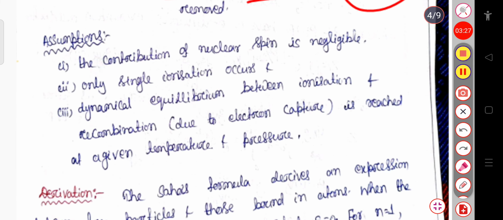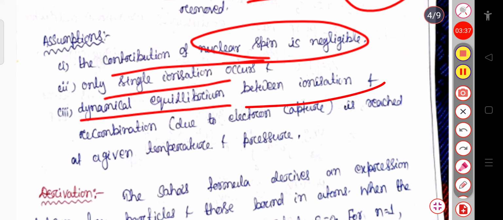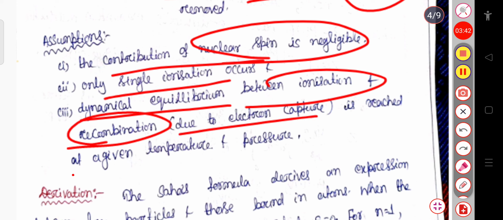So, Saha assumed that the contribution of the nuclear spin is negligible. Nuclear spin is neglected, only single ionization occurs here. The dynamical equilibrium between the ionization and the recombination due to the electron capture is reached at a given temperature and pressure. So, Saha assumed these three conditions.